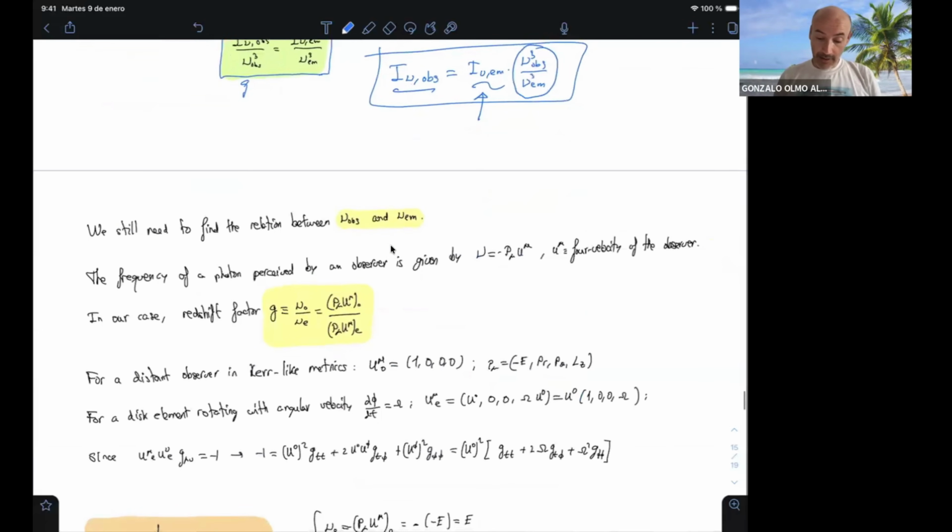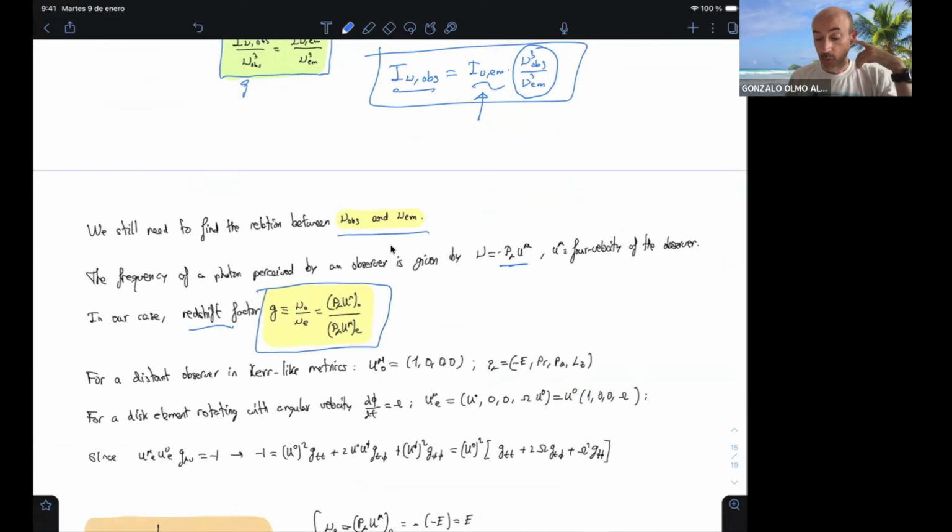And that's it. Now the relation between the emission and observed frequencies is given by the redshift factor, which is represented by this quantity.